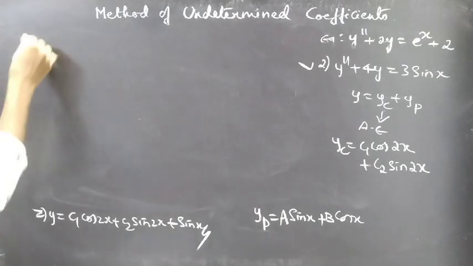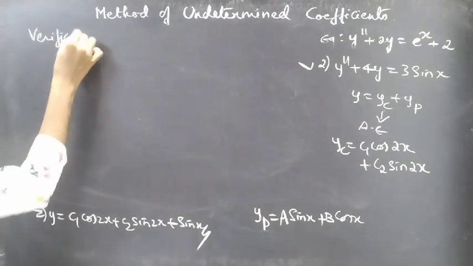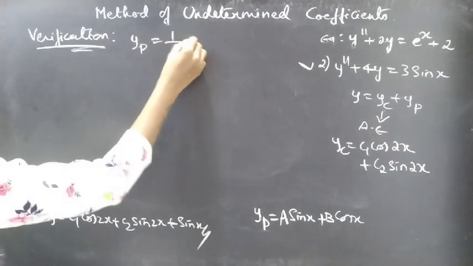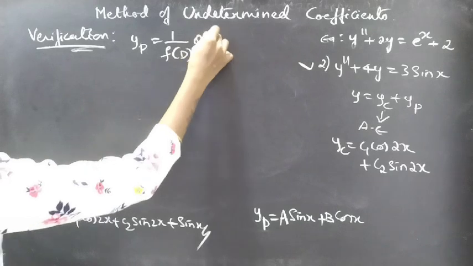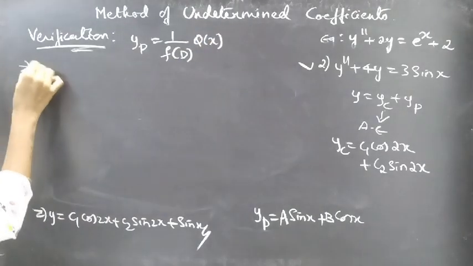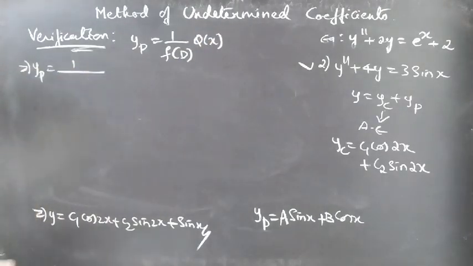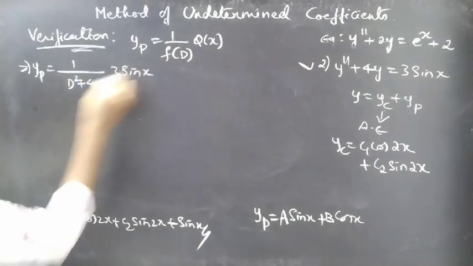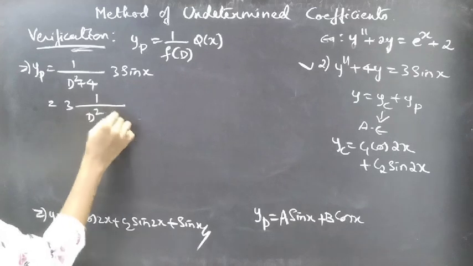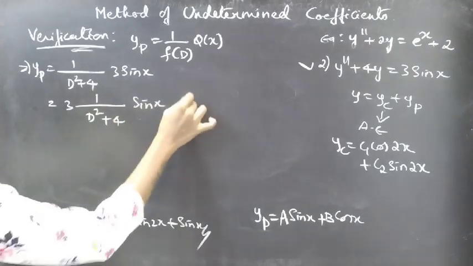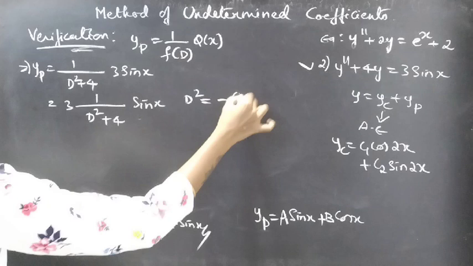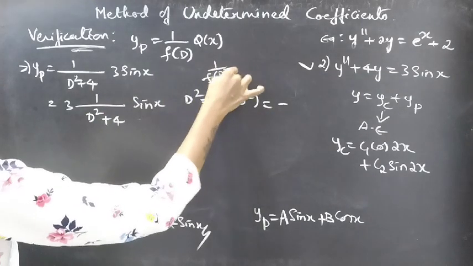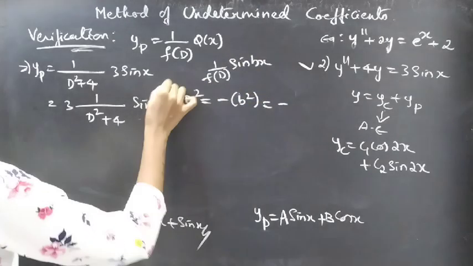Now let's verify yp. We can use 1 by f of d into q of x to verify yp. We have f of d equal to d square plus 4, and q of x is 3 sin x, right? Just compare it with 1 by f of d into sin bx.